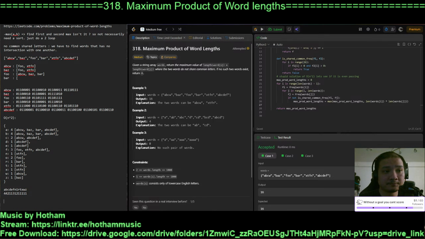Okay. So we have connected component ABCW, which is one component. It's shared with BAZ and BAR, right?